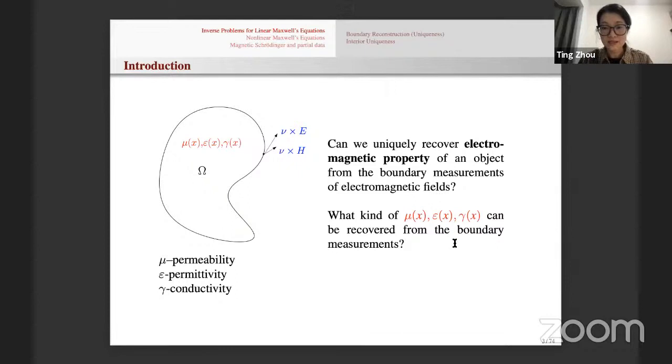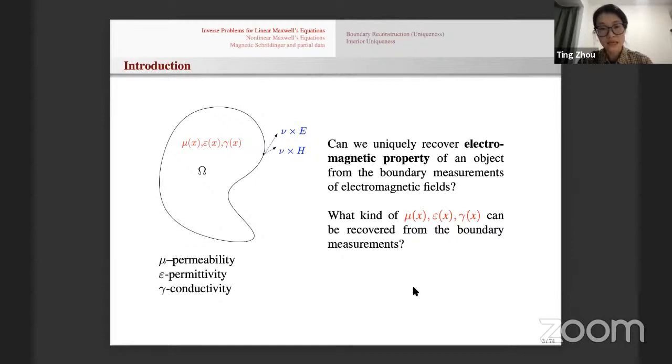So this is, as I mentioned, essentially looking at inverse boundary value problems. We are hoping to uniquely recover some electromagnetic properties of an object. Other than only conductivity, we want to also try to recover permeability and permittivity. So it's a full set of electromagnetic parameters.